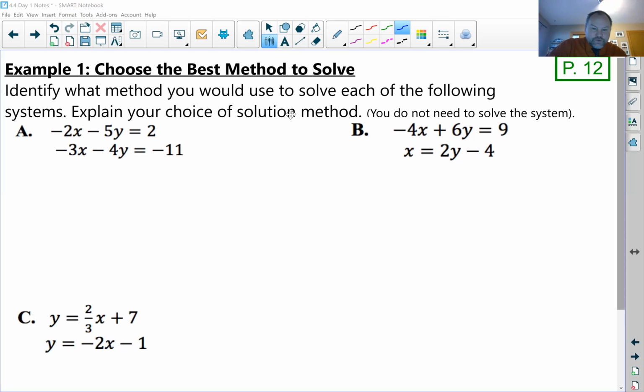All right, so if I look at letter A and I consider that table that we just had on the previous page, are they both in y equals form?